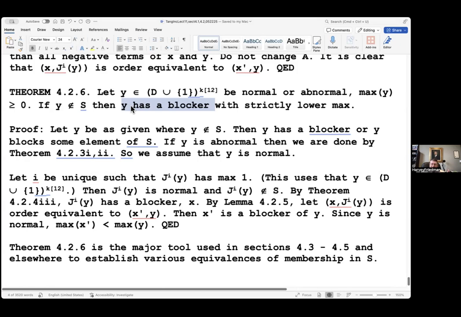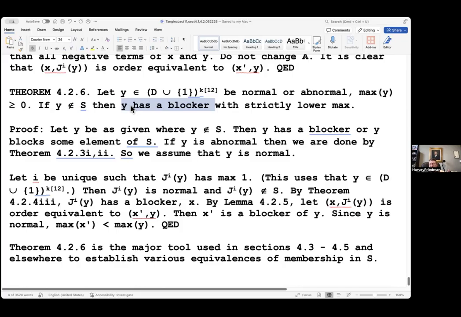Then I show next time that first thing I do is show that without much change, just some commentary, you can get it in WKL naught. And then with some additional work, heavily relying on something that is credited to Leo Harrington, we can reduce this to RCA naught.